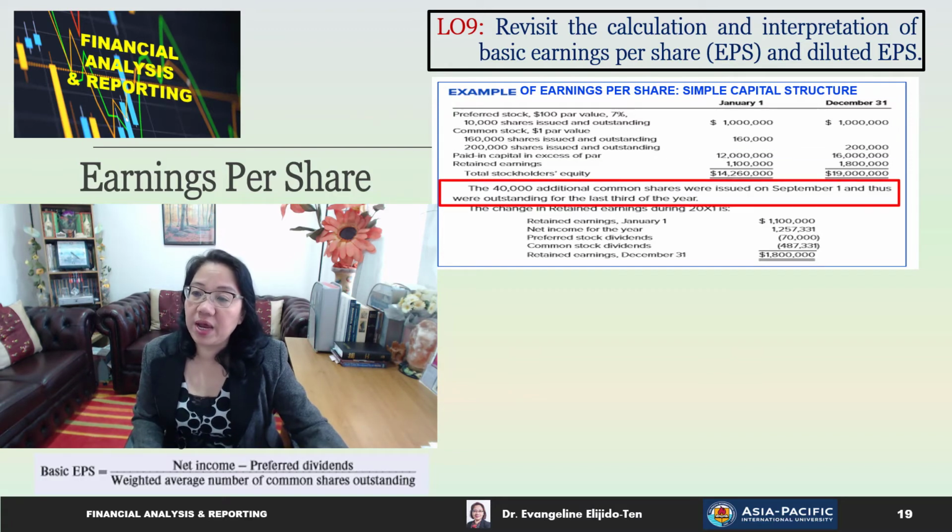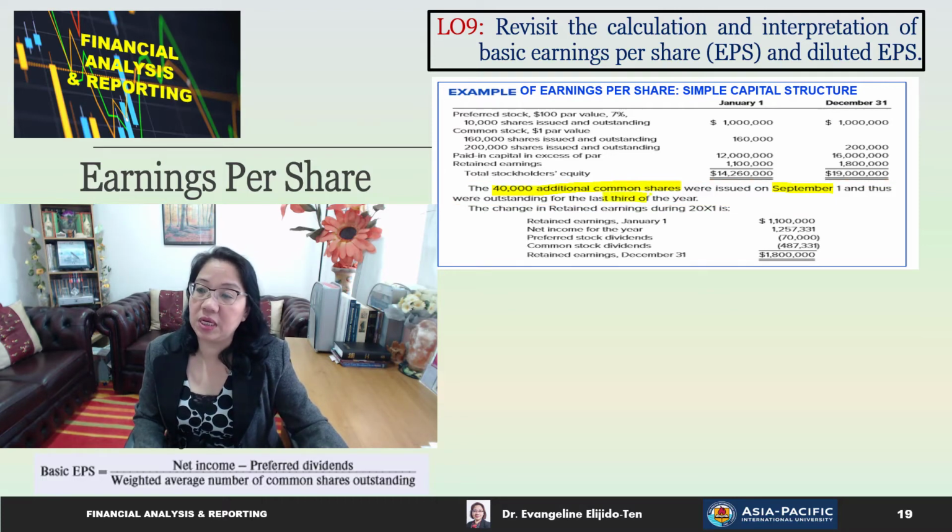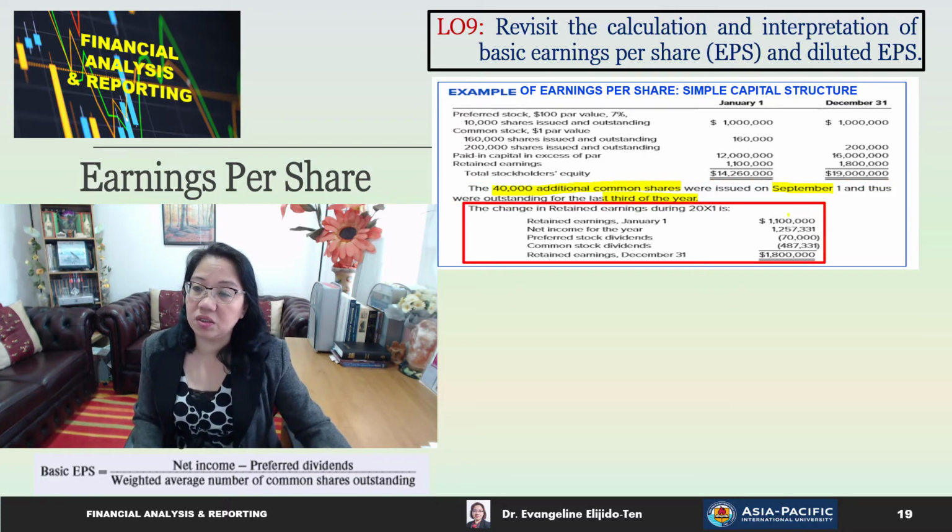We are also provided some additional information here. The 40,000 additional common shares were issued on September 1st and thus were outstanding for the last third of the year. The details of retained earnings is also provided here.